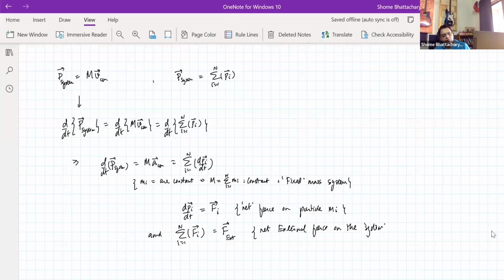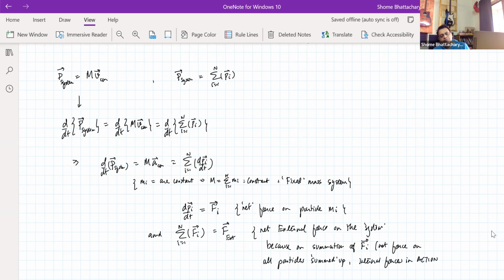So this is a net external force because on summation of Fi, that is the net force on all particles summed up, the internal forces in action-reaction pairs cancel.